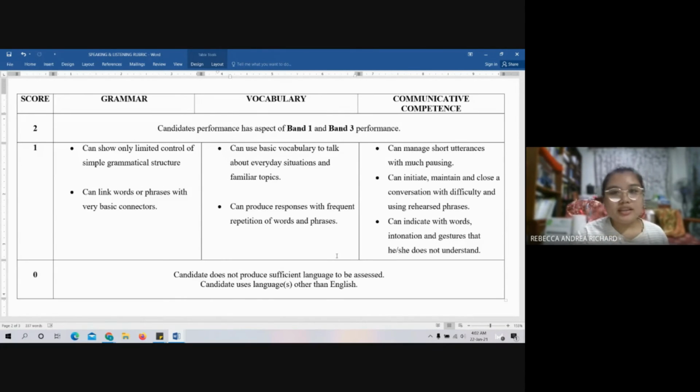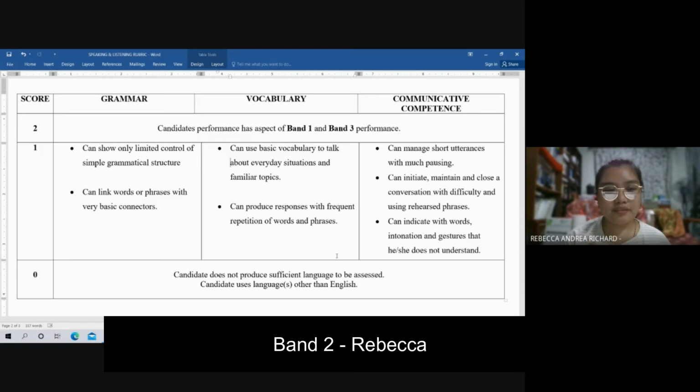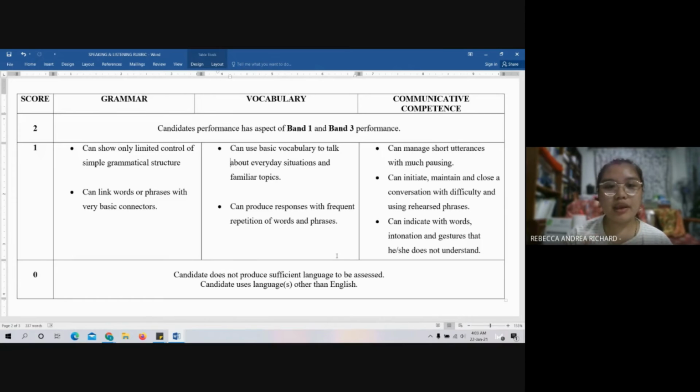Okay, now moving on to the second level, where the candidates' performance has aspects of band 1 and band 3 performance. So this is in between band 1 and band 3.